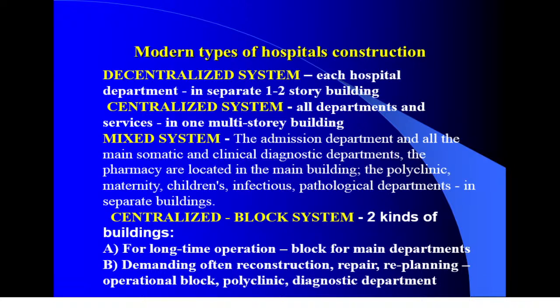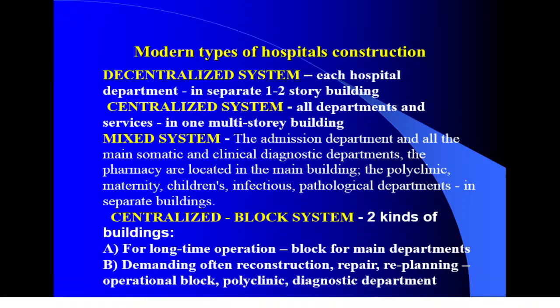All the functional divisions of the hospital, treatment departments, polyclinic, administrative premises are located in one multi-story building. It became possible to more efficiently use all medical and diagnostic rooms. The conditions for the operation of sanitary devices and equipment were facilitated.